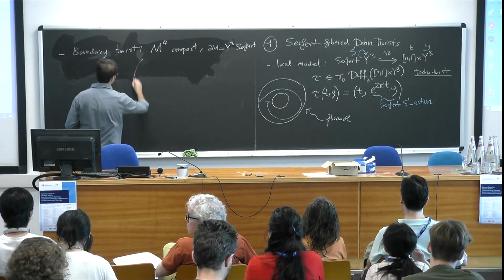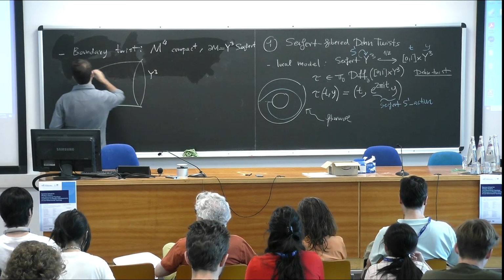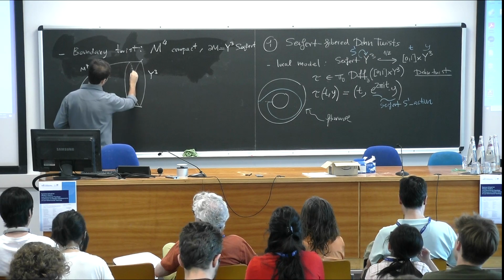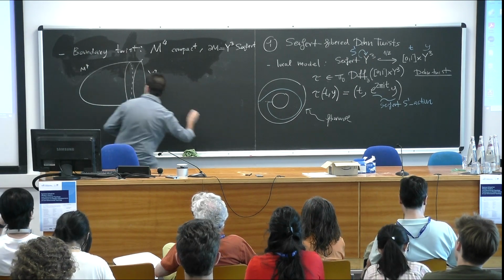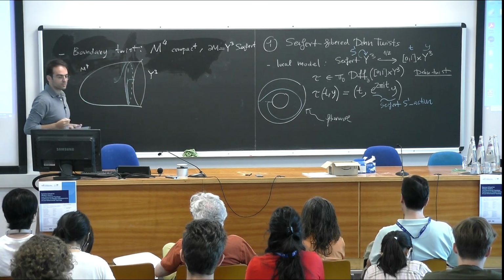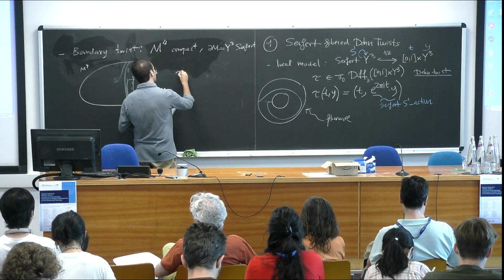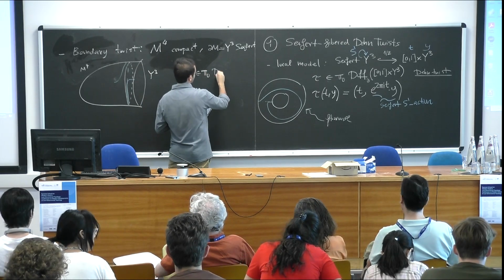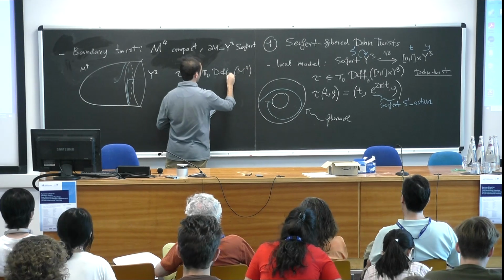Then you can look for a parallel copy of the boundary and implant the Seifert fibered Dehn twist along that parallel copy, and that's what I'll call the boundary Dehn twist. So this is a mapping class in the diffeomorphism group of M relative to the boundary.